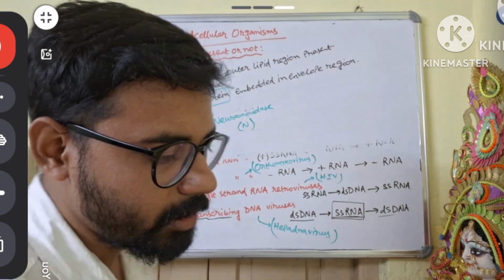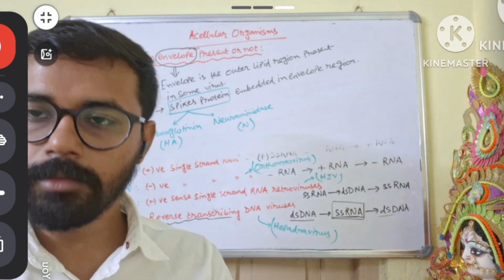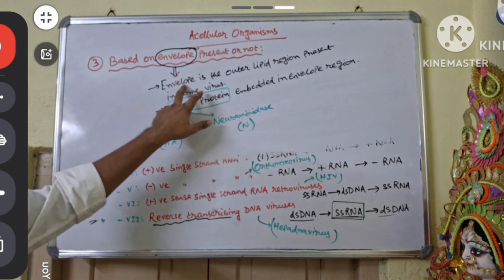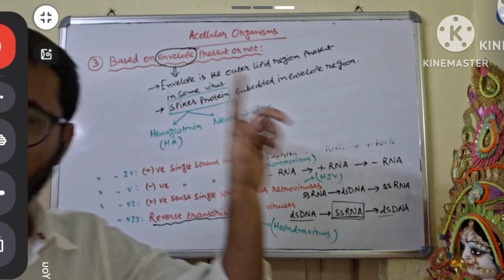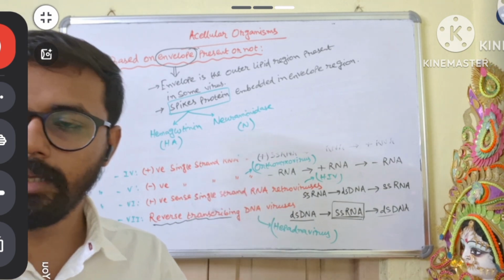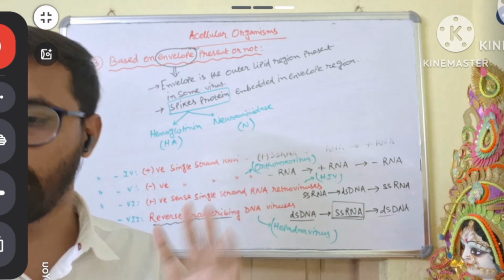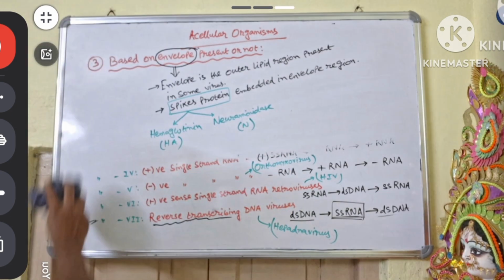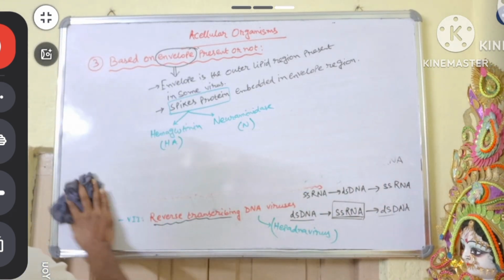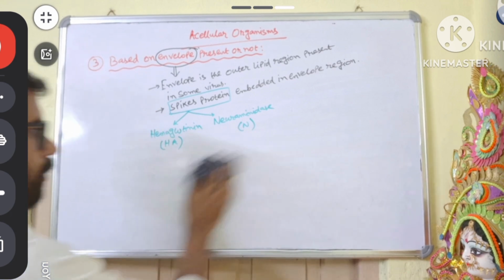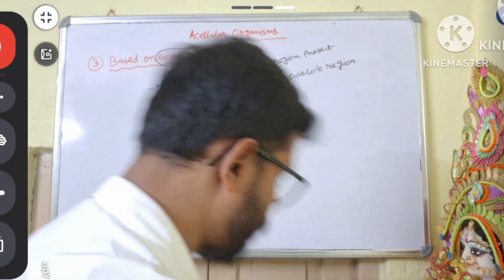So when the spike proteins are present, it is because of the envelope structure. When the envelope is there, spike protein is also present, and there are two types of spike protein, hemagglutinin, HA, and neuraminidase. So classification based on envelope: those that contain envelope are called envelope virus, and those that do not are called naked or non-envelope virus.